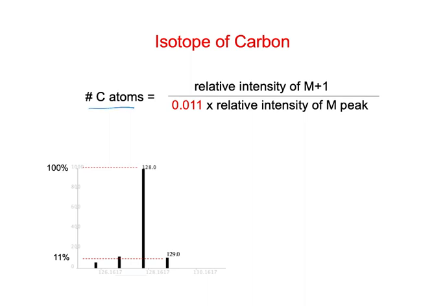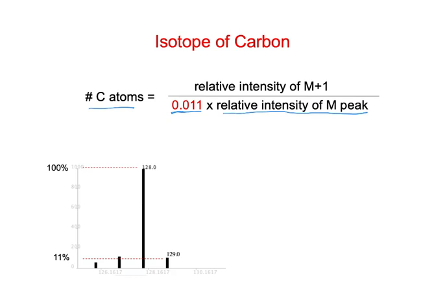The number of carbons equals the relative intensity of the n+1 peak, divided by, this is essentially 1.1%, times the relative intensity of the molecular ion peak. Oftentimes we'll scale these up to 100%, but this can work even if it's less than 100%.